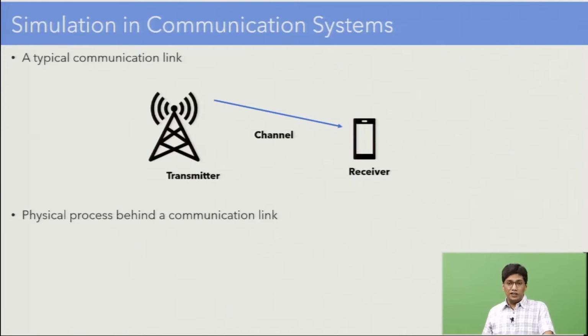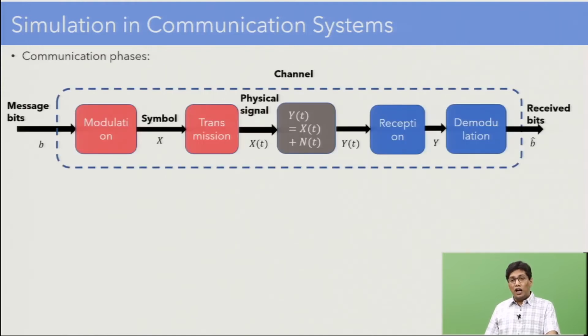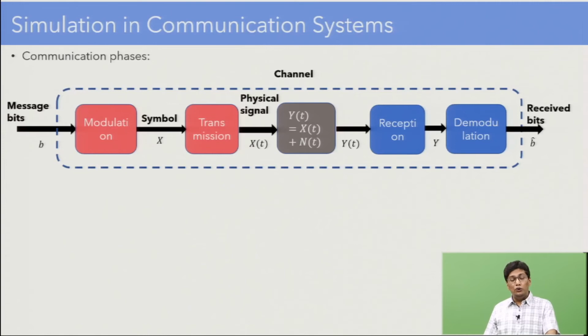So, we need to first understand the physical process behind this communication link. I am not going to talk a lot about the actual physical process or how this communication system works, because there are other courses which deal with this in complete detail. But I will assume that you know some basics of communication systems.